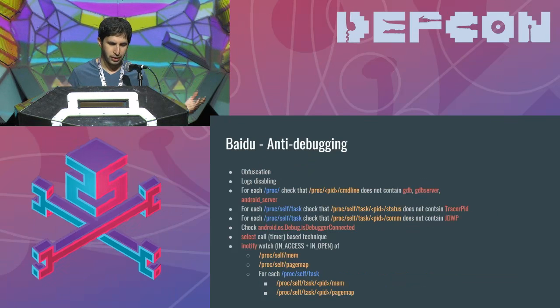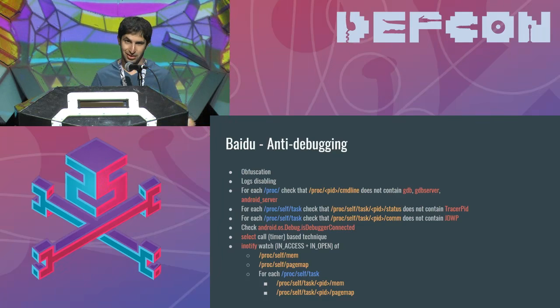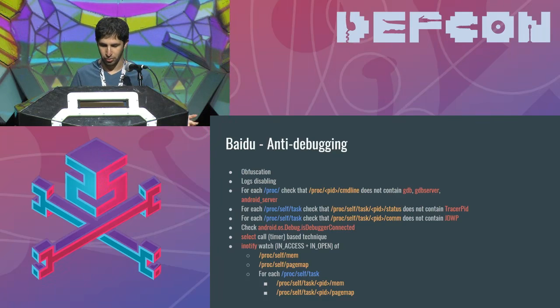So what are the anti-debugging techniques used in Baidu? We have obfuscation, log disabling, it checks that GDB isn't executed and JDWP isn't executed, and a few other anti-debugging techniques.